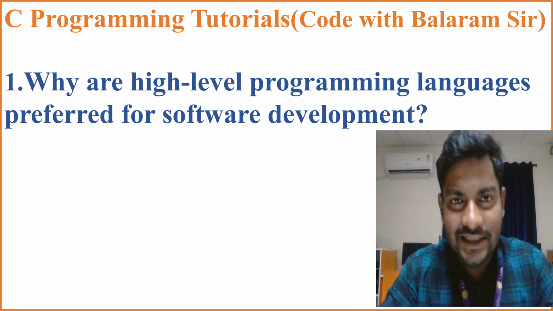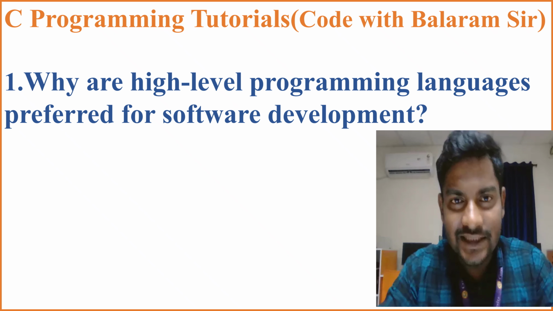Okay, so let's go to the next question. How does a computer execute a program written in high level language? This answer I have already mentioned in the previous question. As you know, high level language is very easy, very simple, and it's an English-like language. But the problem is the machine can understand only 0 and 1.